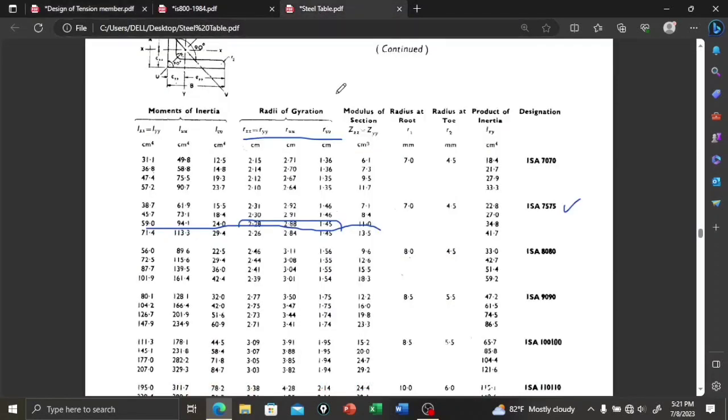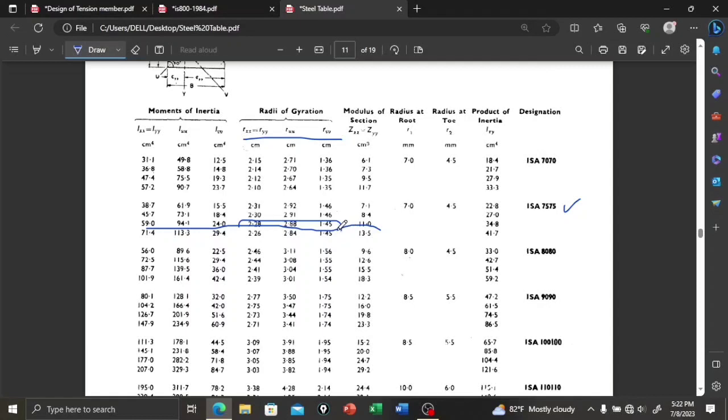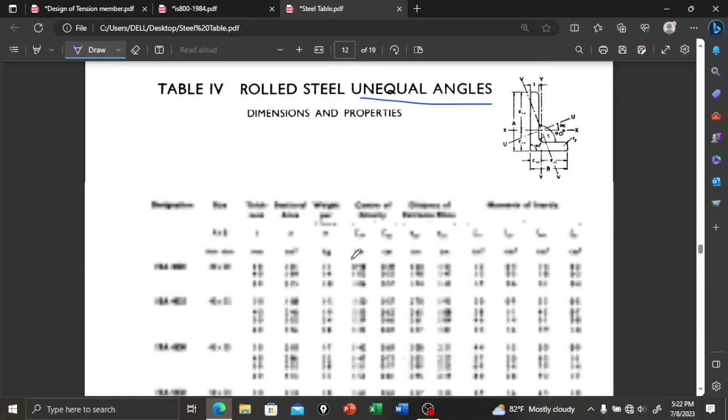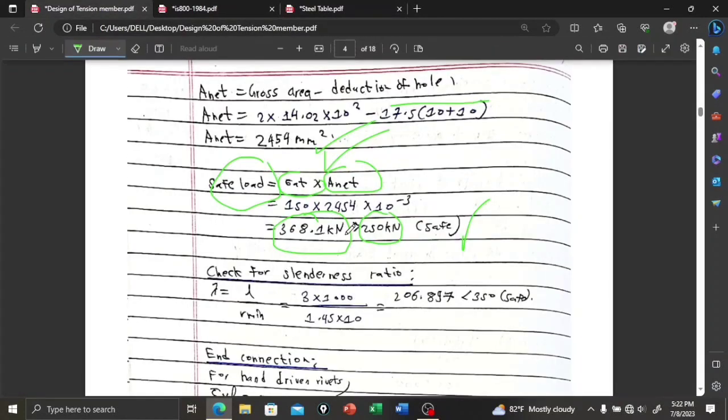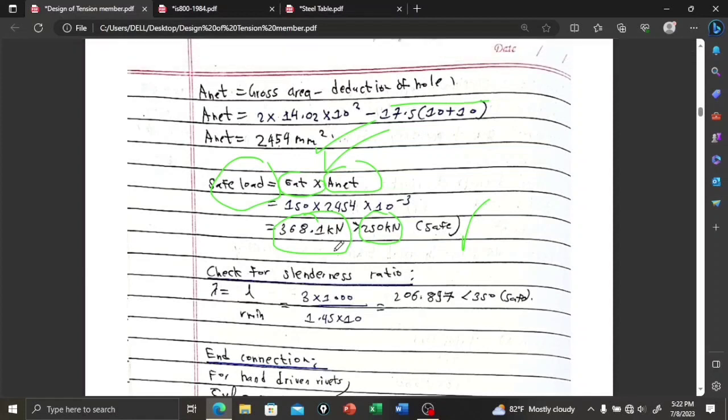If we had chosen this section or this section, that would also be okay and economical, but may not be safe.